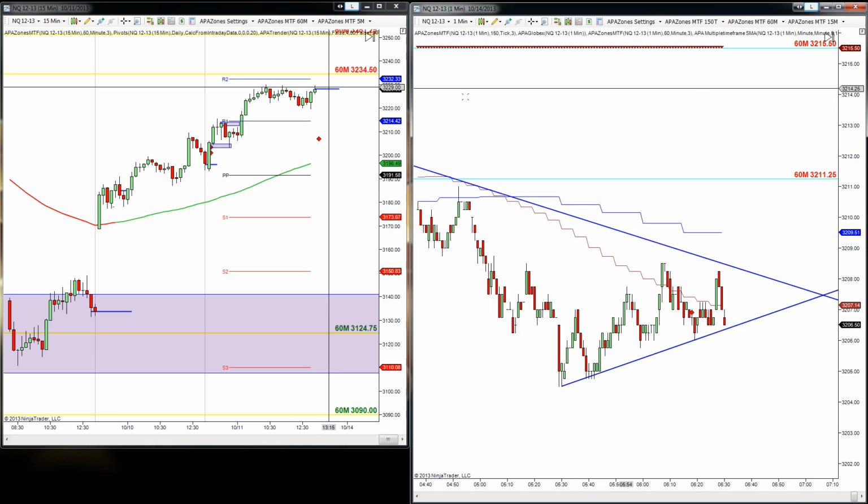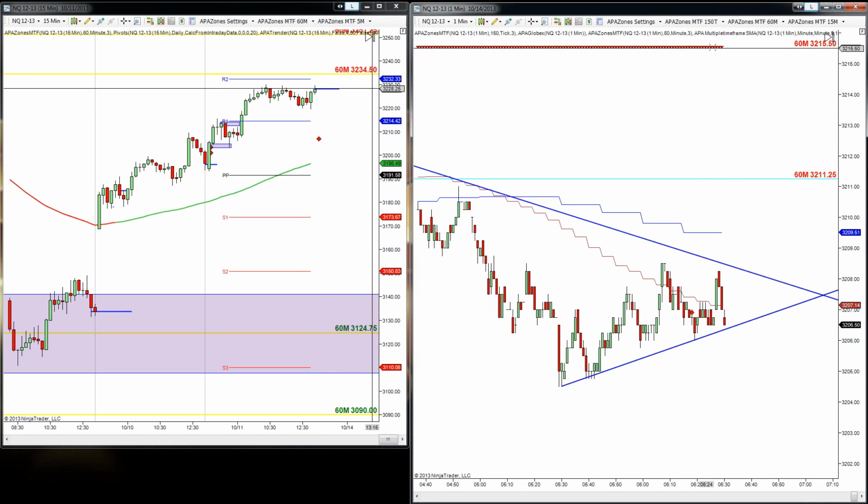Yesterday's close is way above there, way above this Globex high.